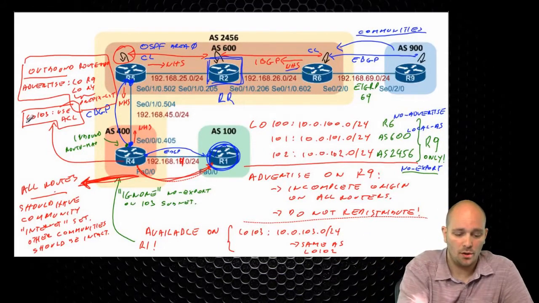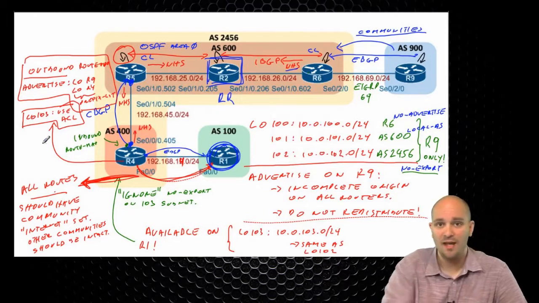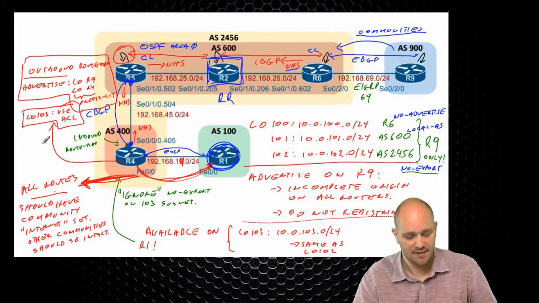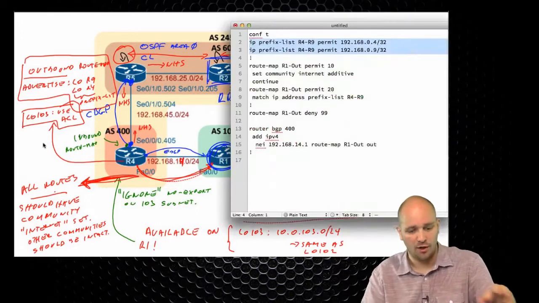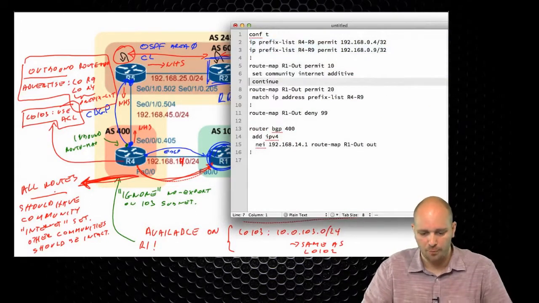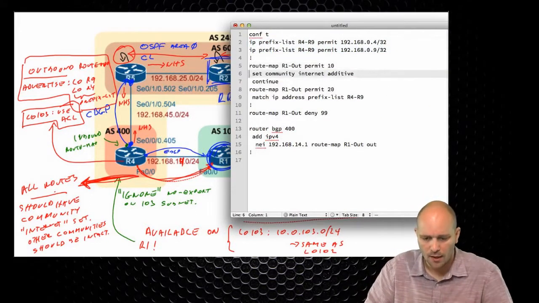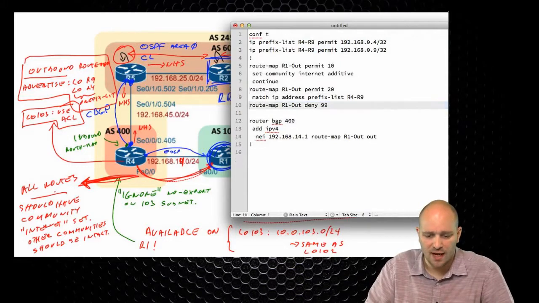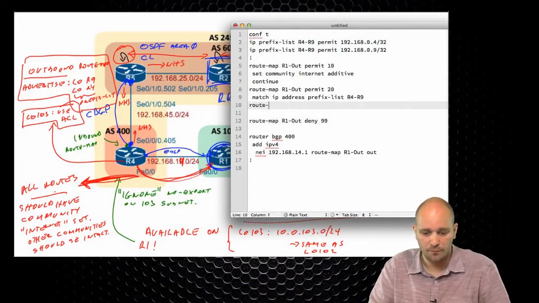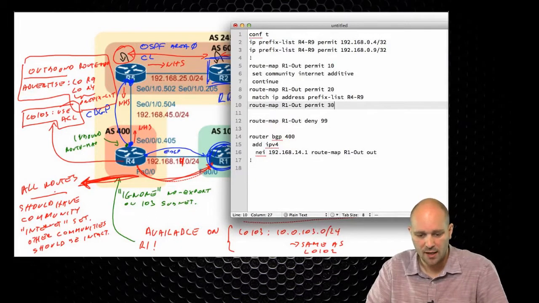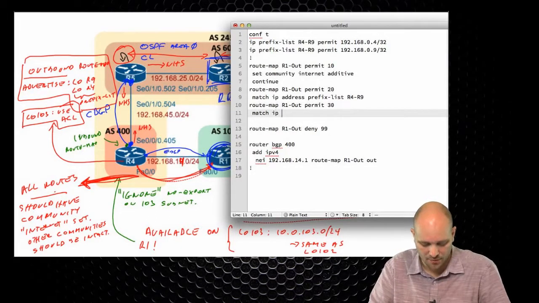Check. Now, loopback 103, we have to use an access list there. So going back to our notepad here, what we need to do is add a route map entry. So R1 out, let's say permit 2030, and I'm going to say match IP address.